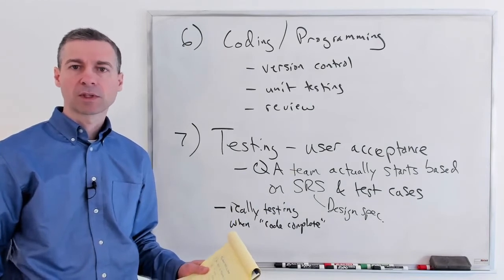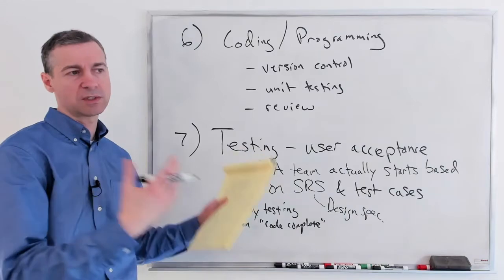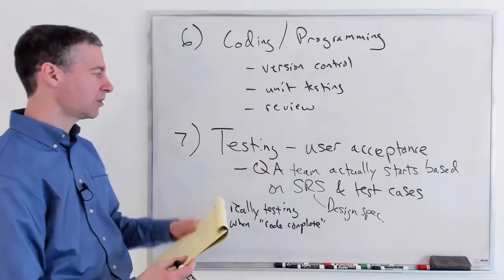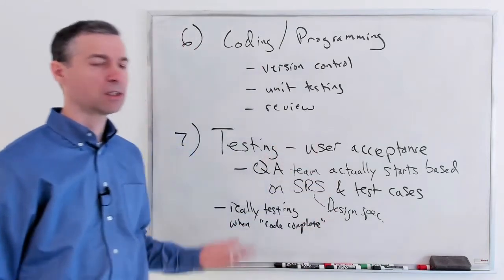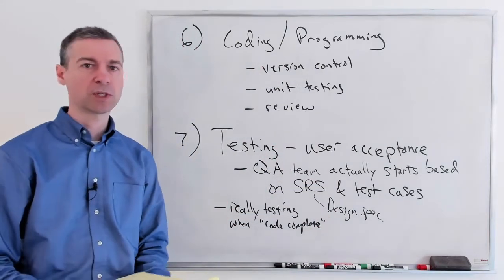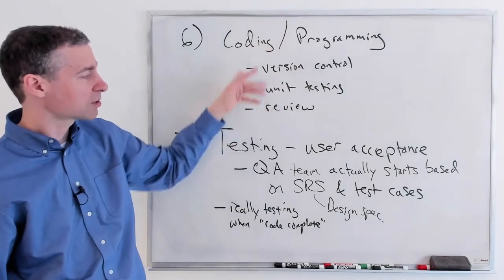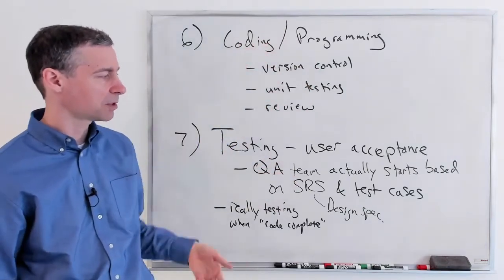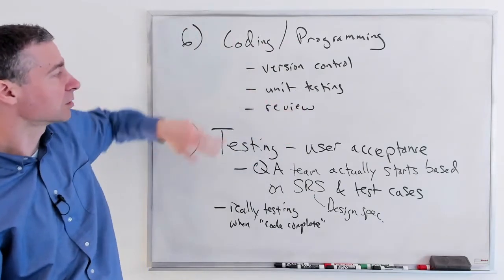If we stick to the notion where we hand things off to teams and break things up in this fashion, yes, we're still going to have a lot of the same problems. If we let developers code without proper testing, without proper reviews, we've got problems. So these are critical to have.